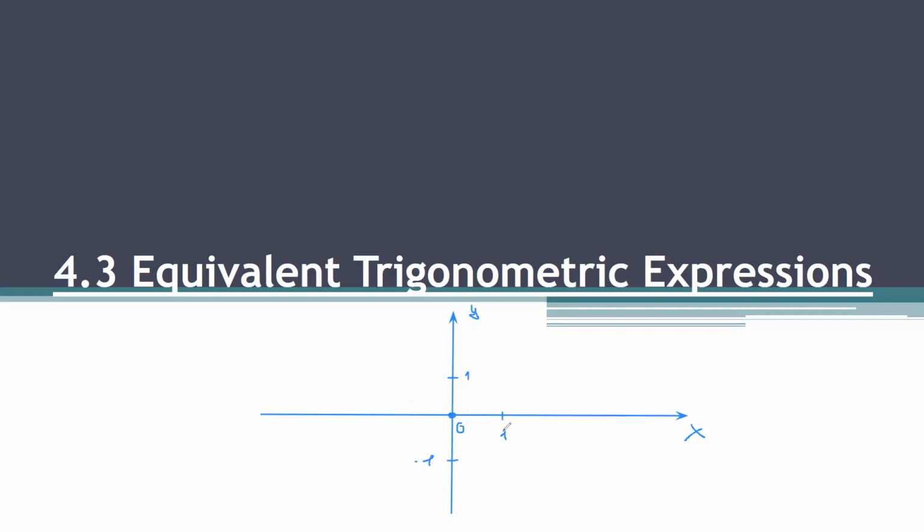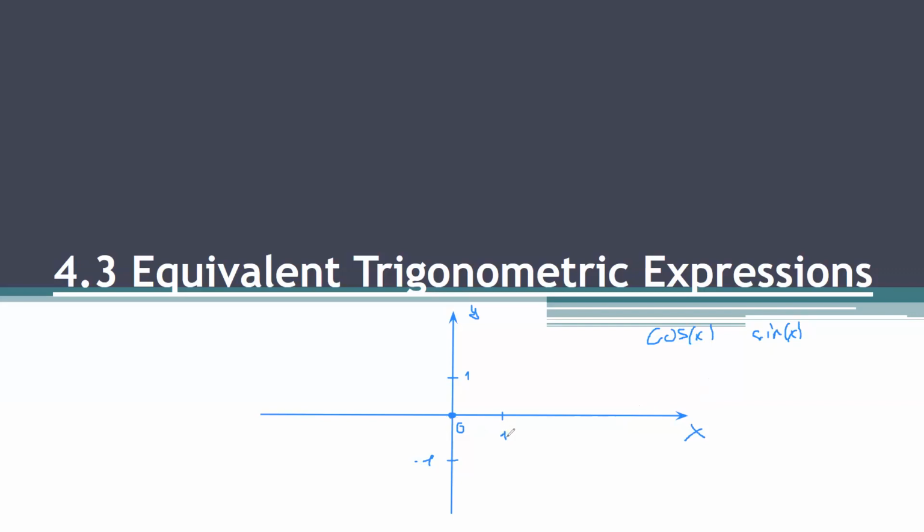While here, we're going to have radian measures for the angle for x value, because our cosine of x and sine of x depend on x as an independent variable.